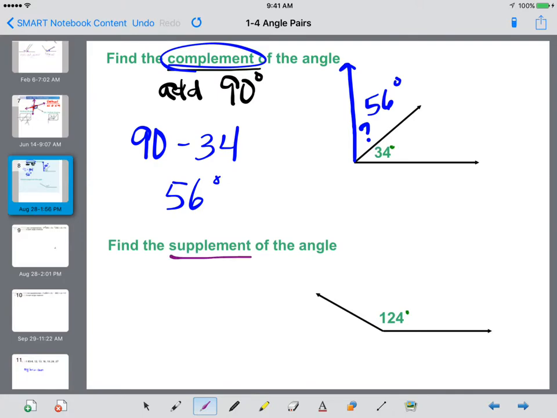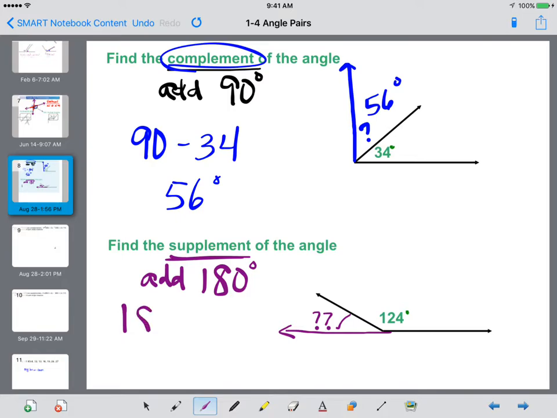To find the supplement, supplement refers to supplementary, in which two angles add to 180 degrees. So the supplement is along a straight line. So if we needed to add to 180 and we already had an angle of 124, what angle would complete it to give us a 180 degree angle?